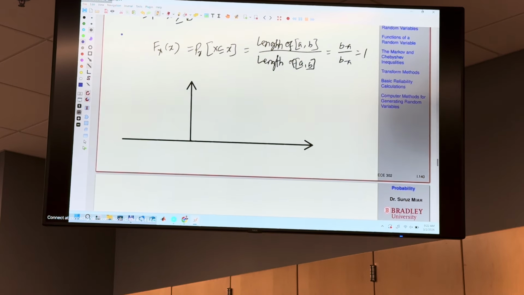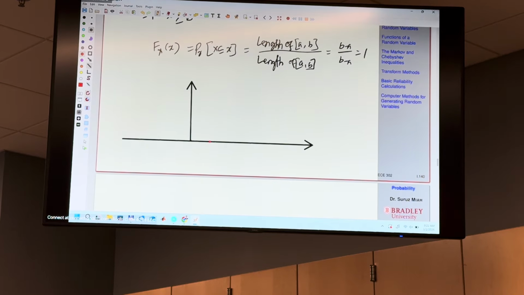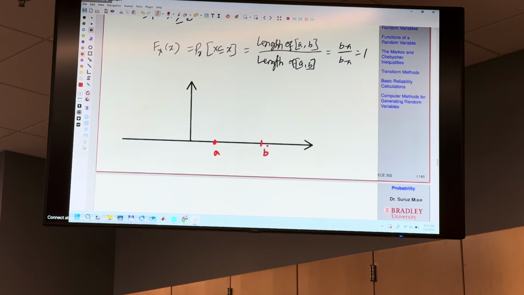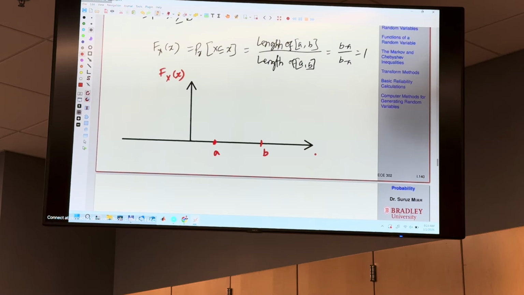Let's say this is my A, this is my B. In that case, this is your F sub X, the y axis is F sub X, and the x axis is x.